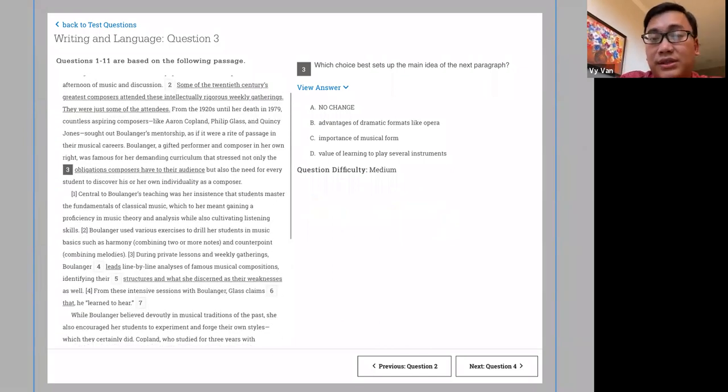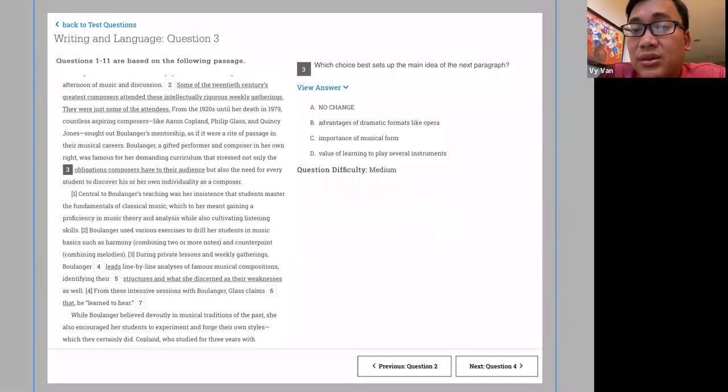Okay, so this is the next paragraph. Central to Boulanger's teaching was her insistence that students master the fundamentals of classical music, which to her meant gaining a proficiency in music theory and analysis while cultivating listening skills. Normally the first sentence has the thesis of the whole paragraph.